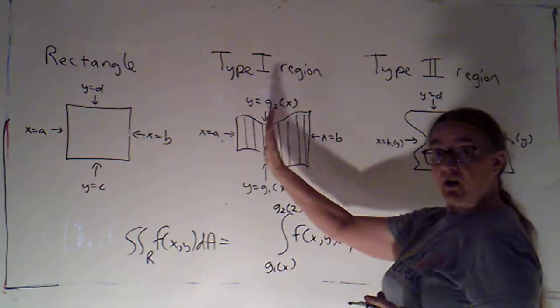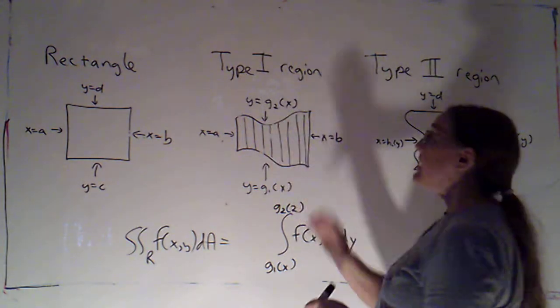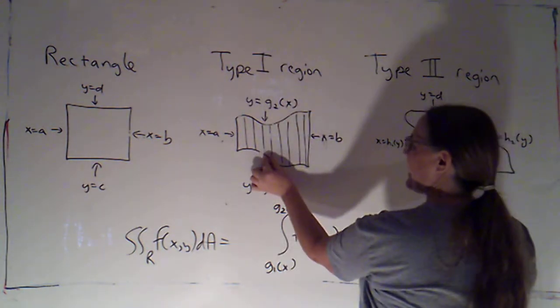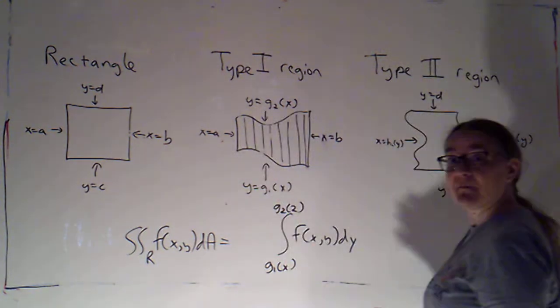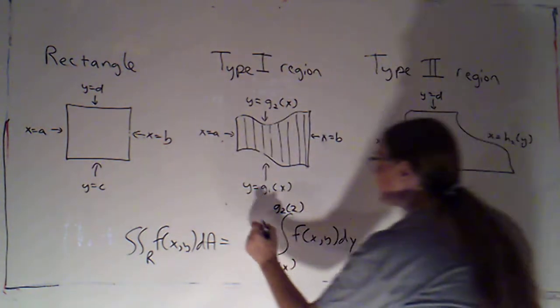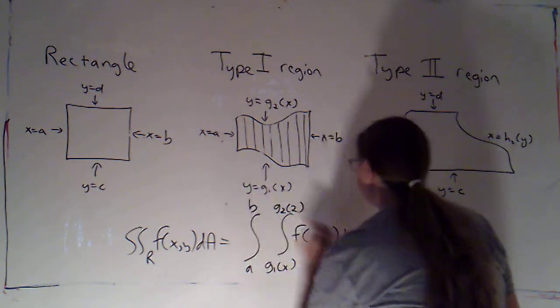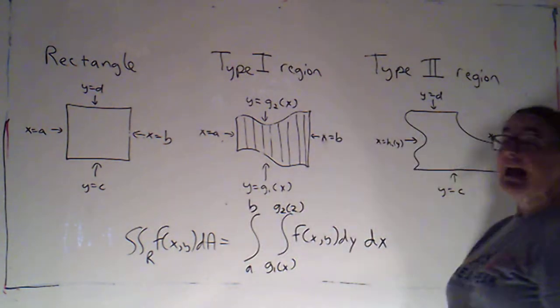That gives me my cross-sectional area. Then I multiply that by the thickness of the slice and add up all of the slices. That's integrating from a to b dx.